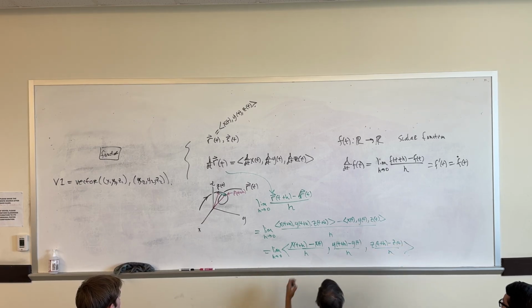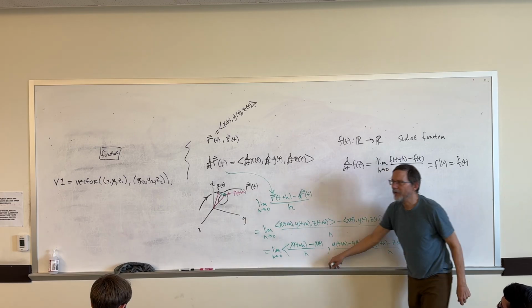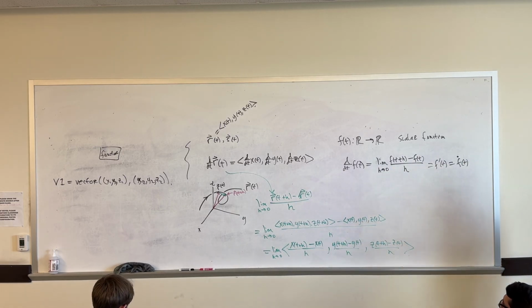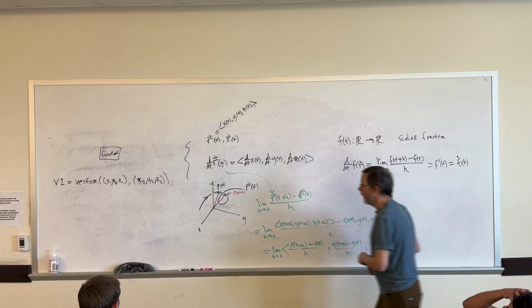The only thing that might be sketchy is, can I bring this limit inside and take the limit of this, this, and this? The answer is yes, I can. And when I do that, I get the derivative of this, this, and this. Does that make sense? Kind of basic vector properties along with the definition of a scalar function's derivative.